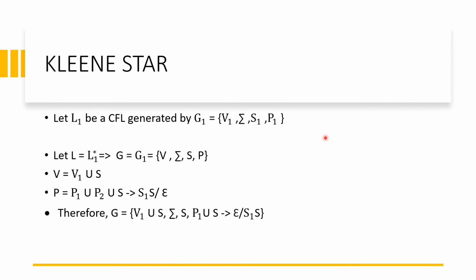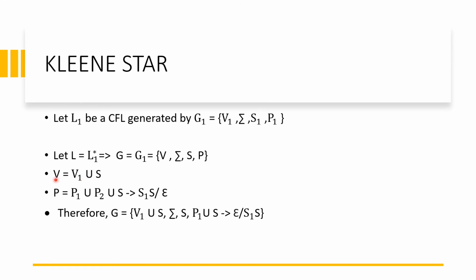Let L1 be a context-free language generated by G1. Kleene star is obtained by concatenation of the same symbol multiple times. Let L be L1 star. It implies G equal to G1 star.